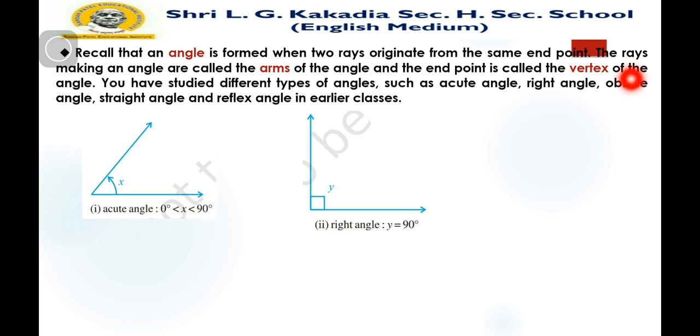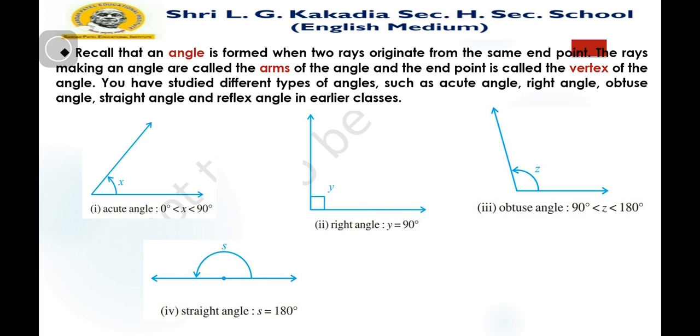Then an obtuse angle: if the angle is between 90 and 180 degrees, it is known as an obtuse angle. A straight angle: if the angle is 180 degrees, it is known as a straight angle.